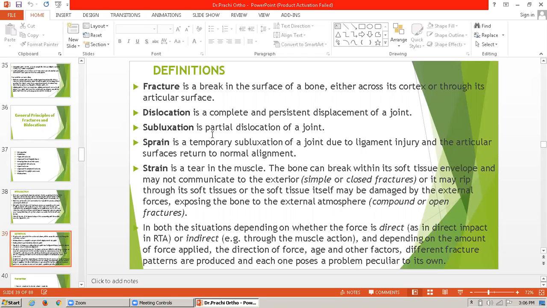Subluxation is a partial dislocation of a joint, and a sprain is a temporary subluxation, that is, a temporary dislocation of a joint due to ligament injury, where the articular surfaces return to normal. Strain is a tear in the muscle.